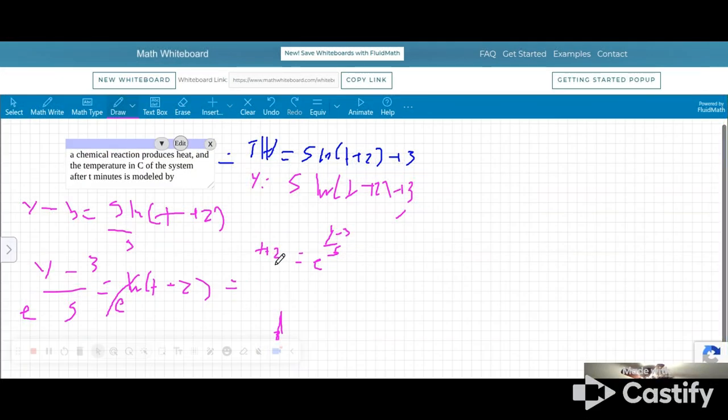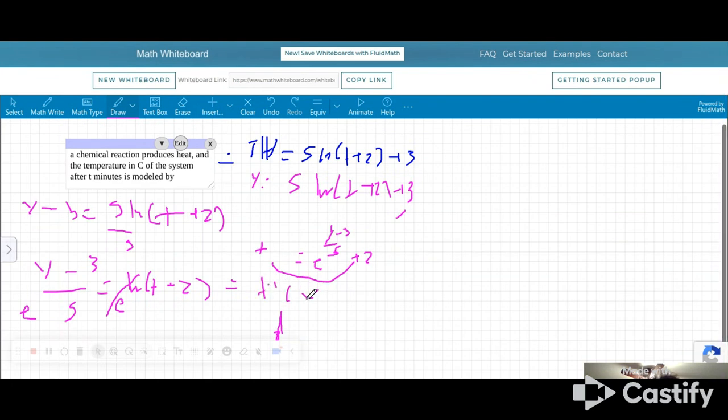Then we're going to move that plus 2 over, so t is equal to e to the y minus 3 over 5, minus 2. And that is going to be the inverse. We did it, guys. Good job.